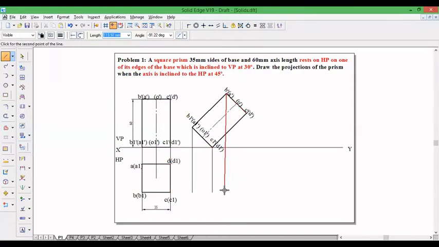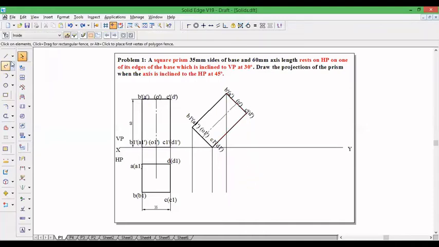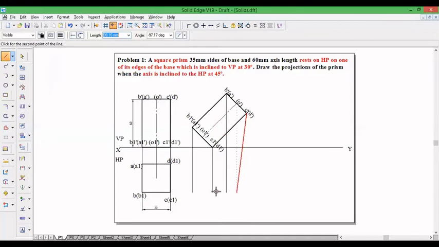B, B and C. Here comes the projection of the edges.